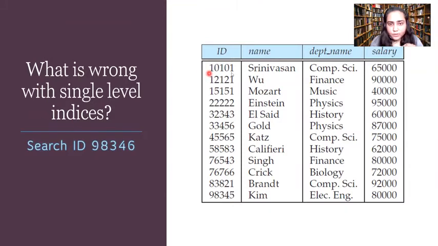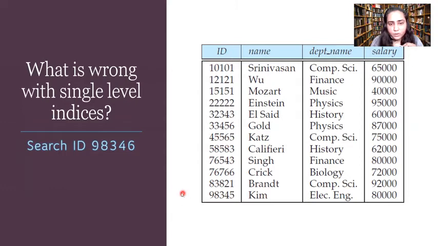And when you look at the first value, you'll realize that this one is much larger than that. So you go to the next value, and then the next value, and you keep searching till you reach 98345. And then you realize that you've actually reached the end and you did not find this value, which means this value does not exist in the table.